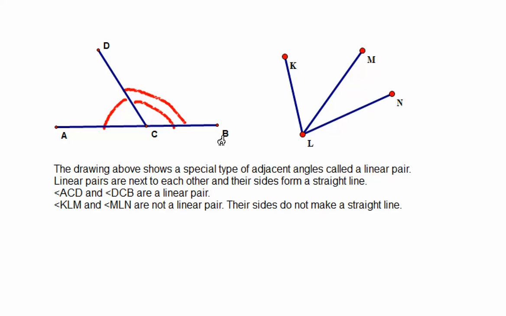In the second picture, angle KLM and angle MLN are not a linear pair. They are adjacent, but their sides do not make a straight line. Notice that K, L, and N are not on the same line.